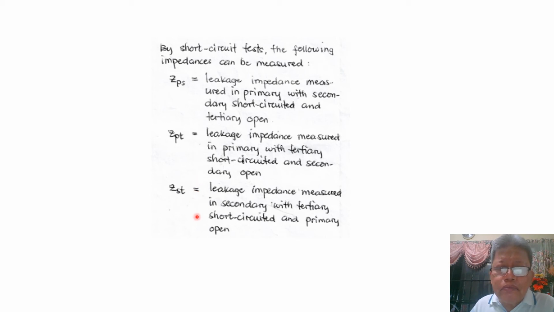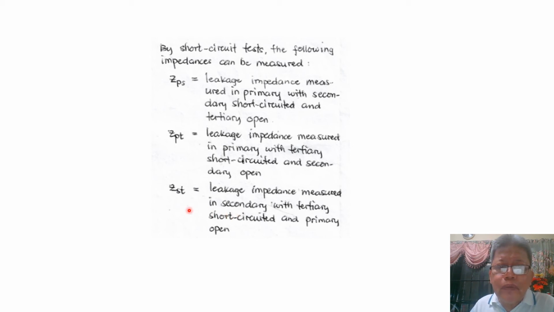And the third impedance will be between the secondary and the tertiary. Now this time it is the primary winding that is open, while the tertiary winding is short-circuited, and the measurements of the voltage and the short-circuit current will be at the secondary circuit.